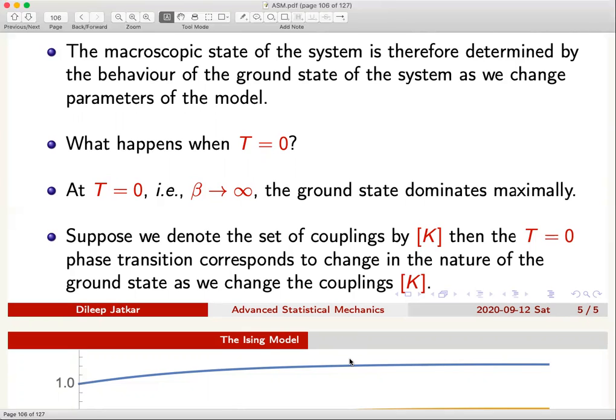So from that point of view, T equals 0 is purely a theoretical construct. But if you go to an experimentalist, all that fellow would want to do is to lower the temperature of the system sufficiently such that no quasi-particle excitation can be created by thermal fluctuations.